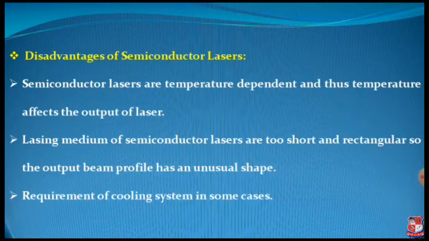We also need a cooling system in some cases, because in order to maintain a constant flow of voltage for practical purposes the temperature should be maintained, and to restrict excessive temperature there is a requirement of a cooling system.